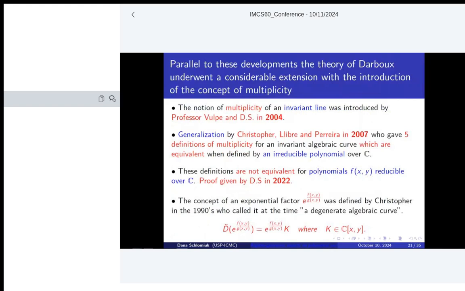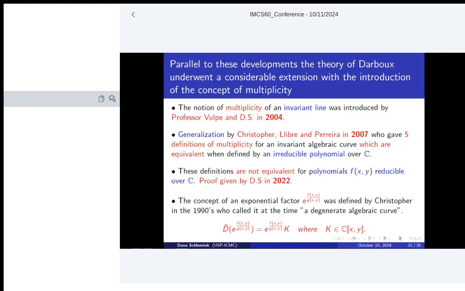Now, parallel to these developments, we have developments in the theory of Darboux. Namely, this theory underwent a considerable extension with the introduction of the concept of multiplicity. Let me give you here the main steps in the development of this notion. The first notion was introduced by Professor Wolf and myself in 2004, restricted to invariant lines. So we defined what we mean by multiplicity of an invariant line.